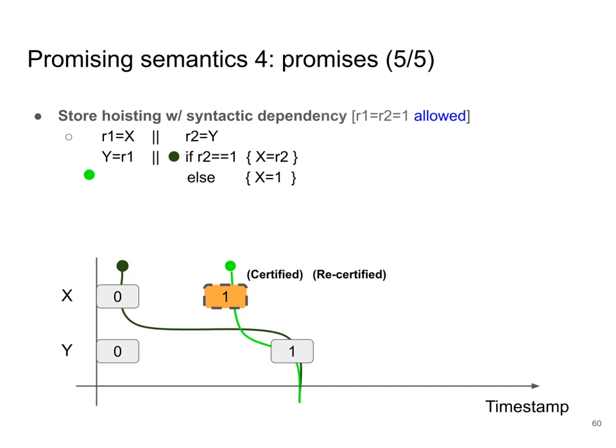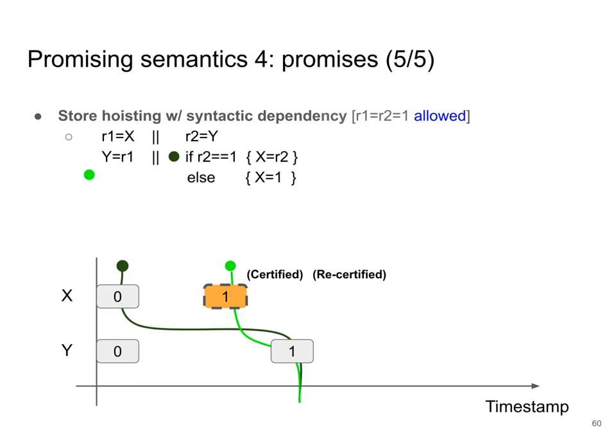So it is very much different from the earlier example. The two certifications are taking different branches, different instructions basically, but with the same effect in the memory, x equals 1. So that's the reason why this mechanism of promises and certification captures the difference between syntactic and semantic dependencies.